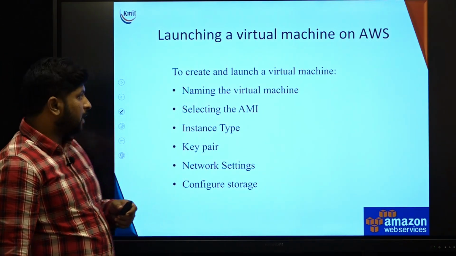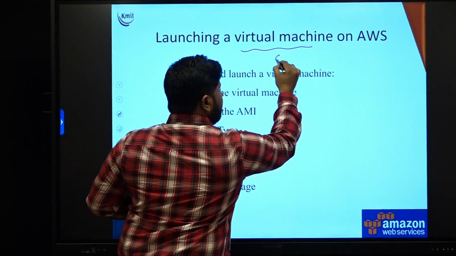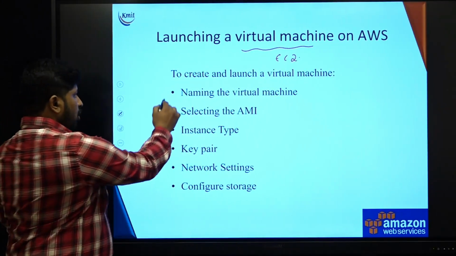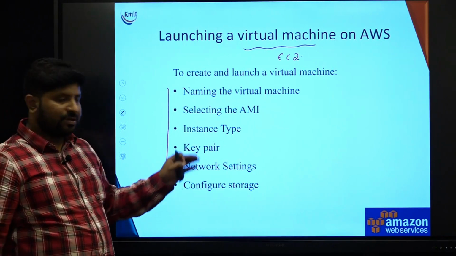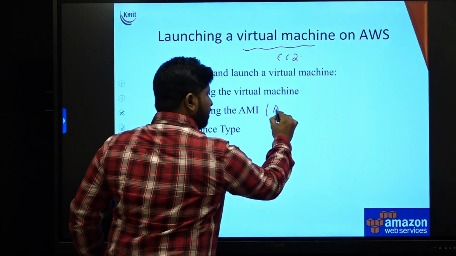How to launch? To launch an EC2 on AWS, we follow these steps, where we begin with naming the virtual machine, selecting the AMI. AMI stands for Amazon Machine Image.